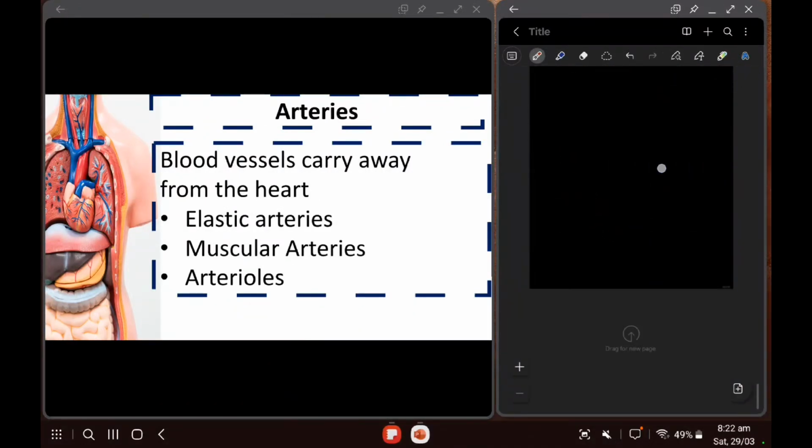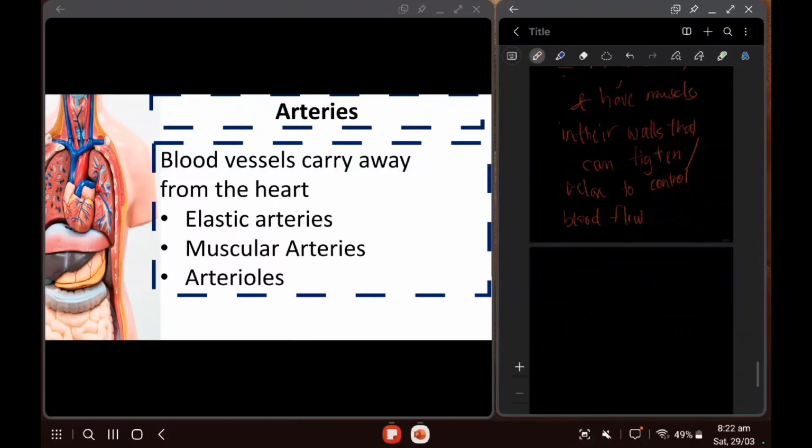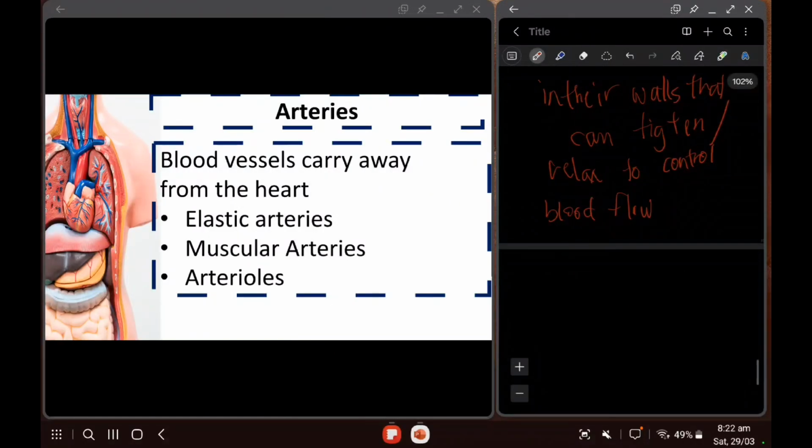And then we have arterioles. Si arterioles naman, isipin nyo, para sila yung mga smaller street, which is naglilid sa mga neighborhood, ganyan. Kasi since si elastic is para siya yung malaking highway, tapos si muscular para siya yung main road na nagbabranch off doon galing sa highway. Then si arterioles, siya yung parang street. So guys, syempre pag dumadaan yung mga blood natin dyan, so ayun yung isipin nyo.